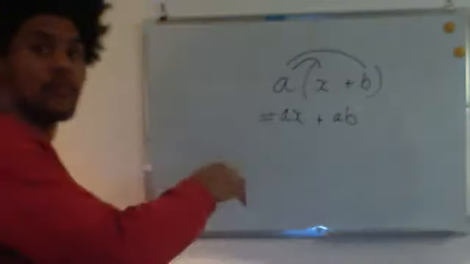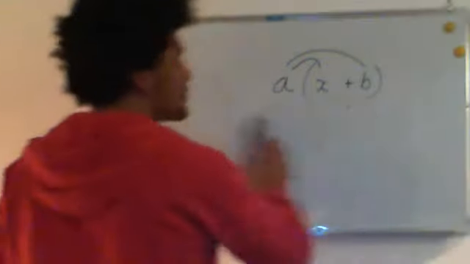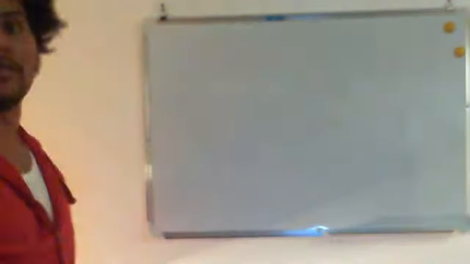Now you may wonder why that would equal that. Why multiplying a number by some brackets would give you this expression here. You can think of area, for example. We know the area of a rectangle is its base times by its height.